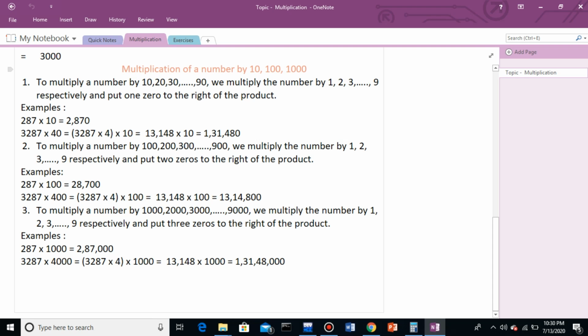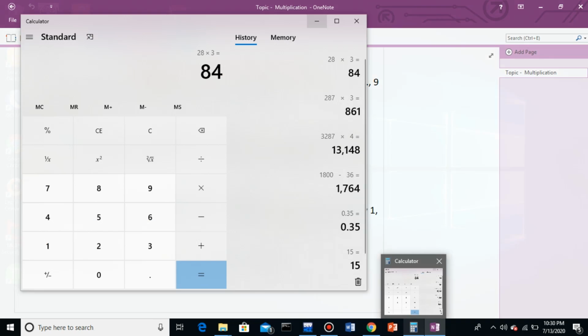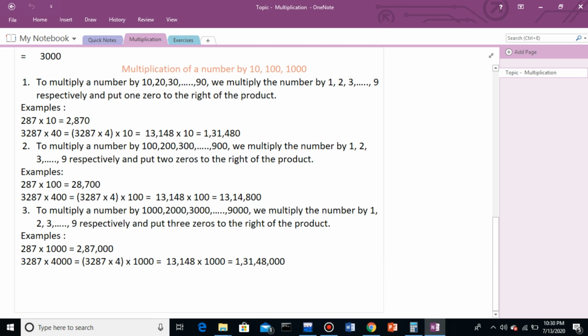Now we have to multiply it by 300, so we will put 2 zeros to the right of the digits. So it will become 2400. More examples below that.